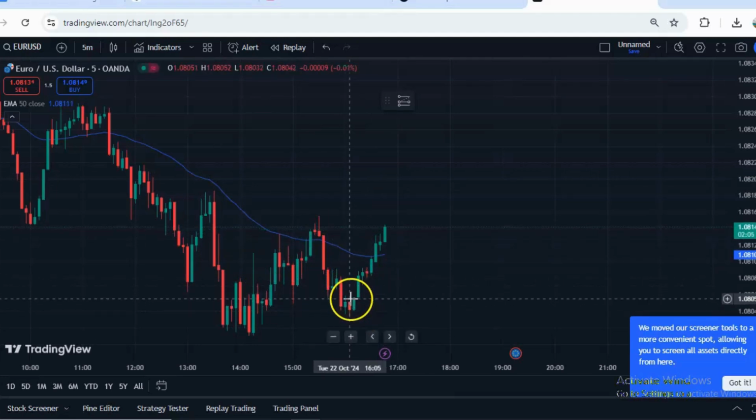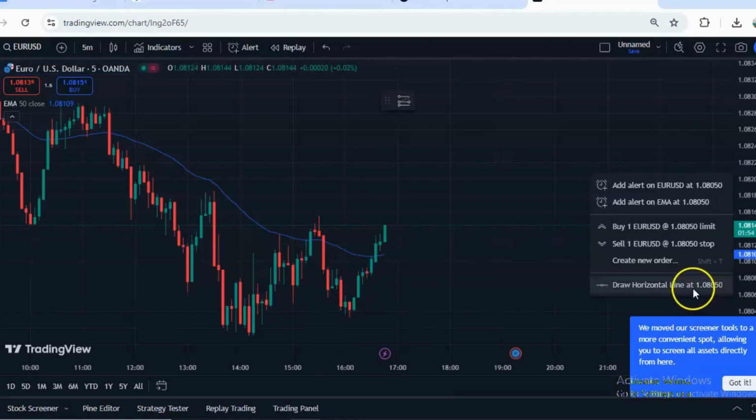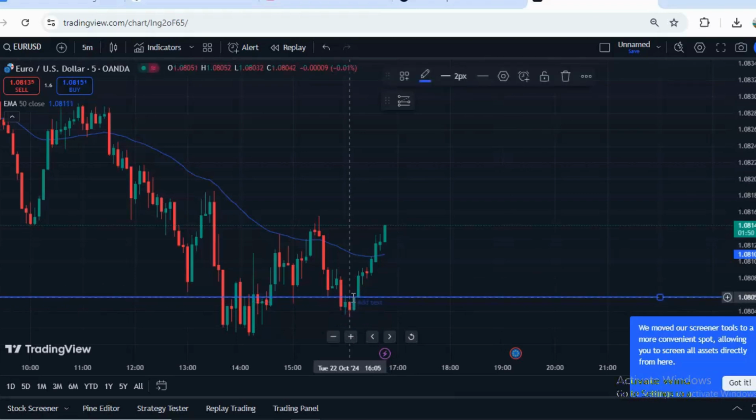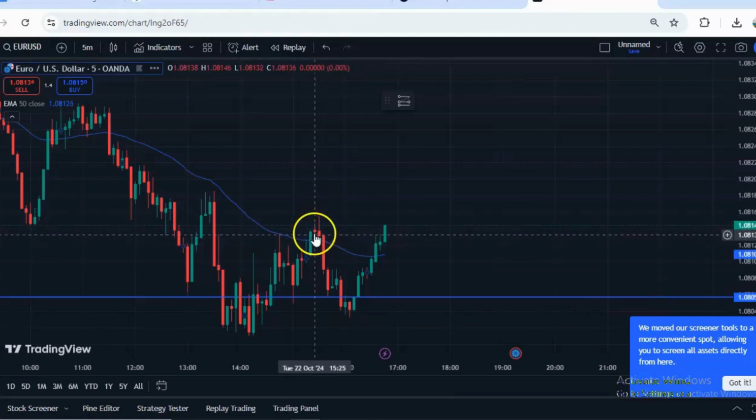For example, if we bought our pair here, it means we bought Euro and then we sold our USD. But let's say we decided to sell here. Let me just draw.